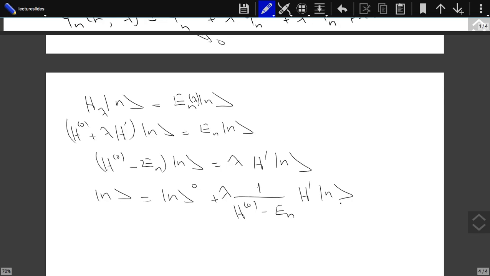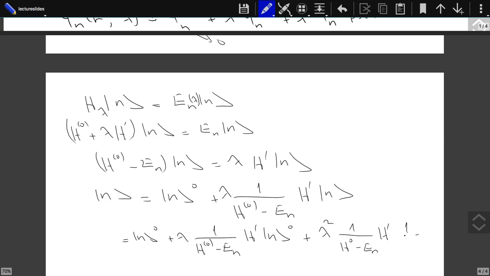So |n⟩ should also be this solution. It should also satisfy this equation, plus λ 1 over (H0 minus E_n) H'|n0⟩ plus λ² 1 over (H0 minus E_n) H' 1 over (H0 minus E_n).